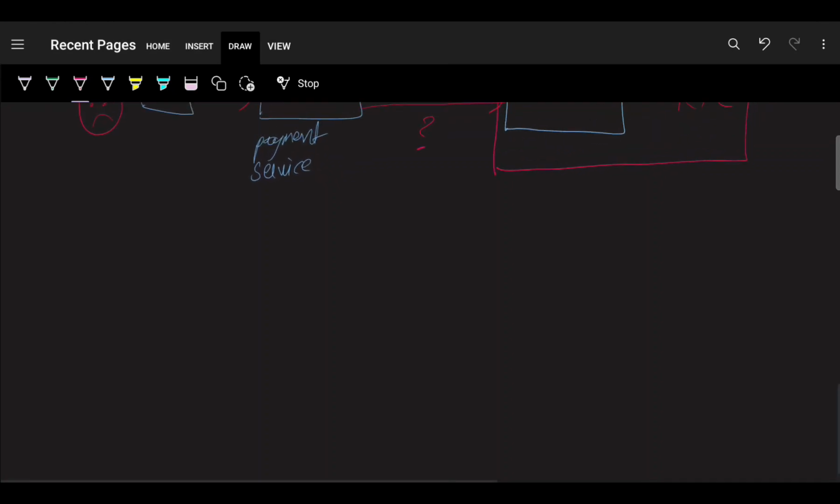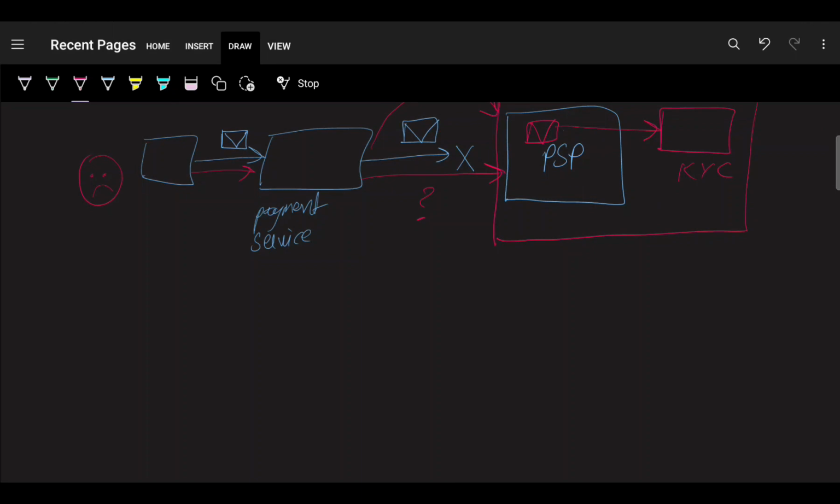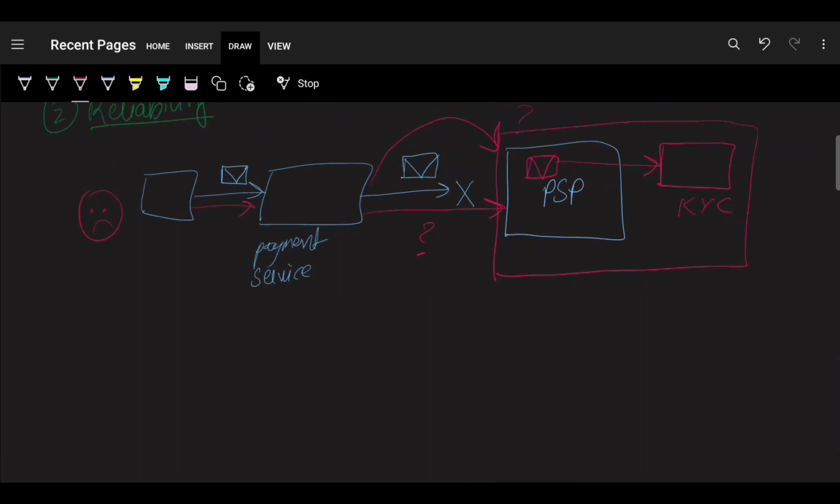All right. So if the data fails to land in your PSP zone, what are the measures that we need to take? Obviously, we need to retry. We don't have to inform the user, but we have to maintain a protocol where we retry to deliver our data to the PSP.